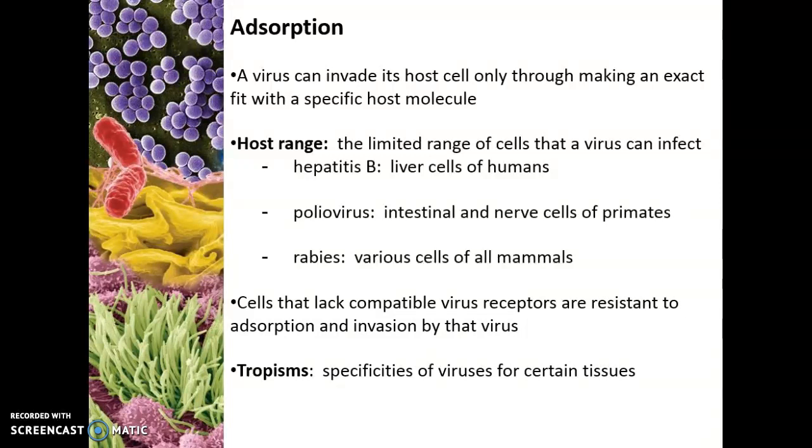If cells lack compatible virus receptors, then they're going to be resistant to that adsorption process and cannot be invaded by the virus. So what all this is called is tropism. Tropism is the specificity of viruses for certain tissues.